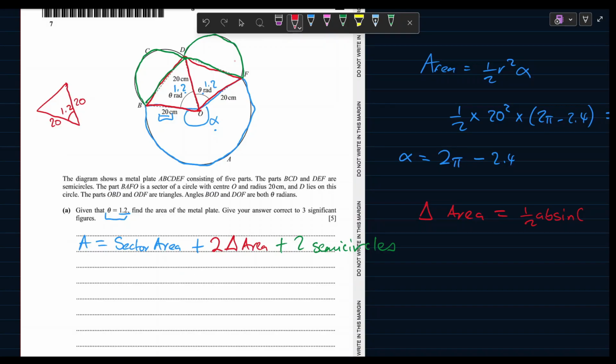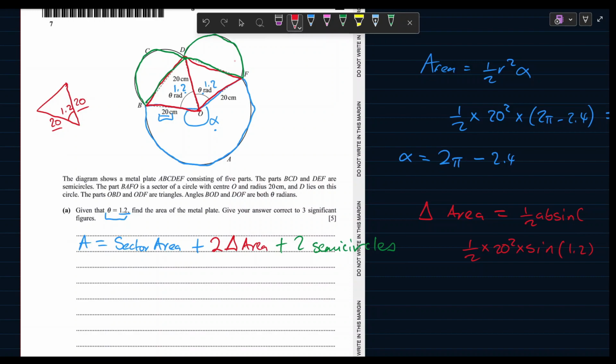two sides. So we can say that the area of a triangle is half times A would be 20 and B is 20, so half times 20 squared times sine C. C is the angle in between them, which is 1.2. So if we punch that into the calculator, that's 1 over 2 times 20 squared times sine 1.2.